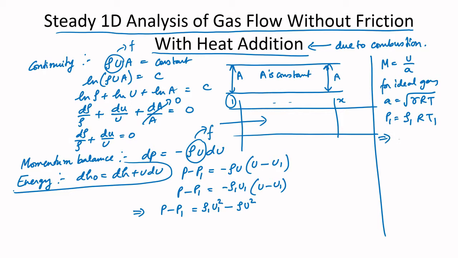So, then I can write M1 squared is equal to u1 squared divided by a1 squared, the sound speed at station 1. So, this is essentially u1 squared divided by gamma R T1.